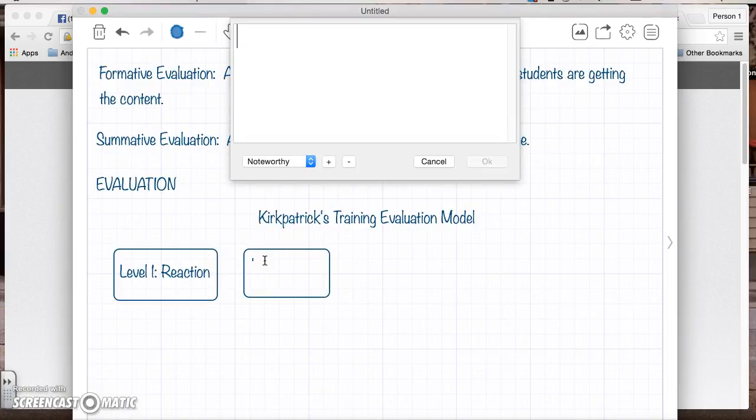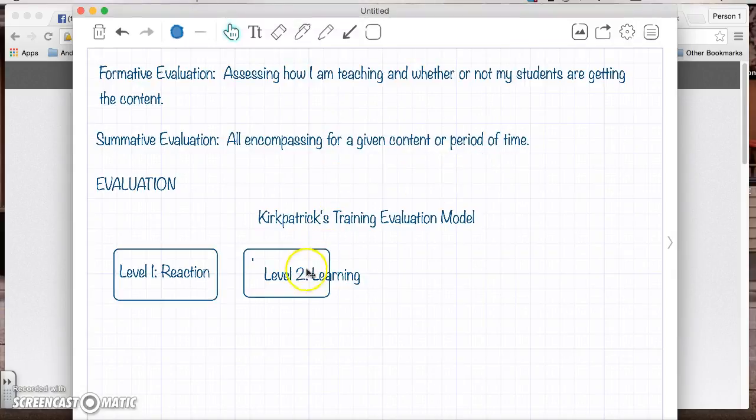Step 2, or level 2, sorry, it's learning. It's fun, right? Okay, so step 2 is learning.